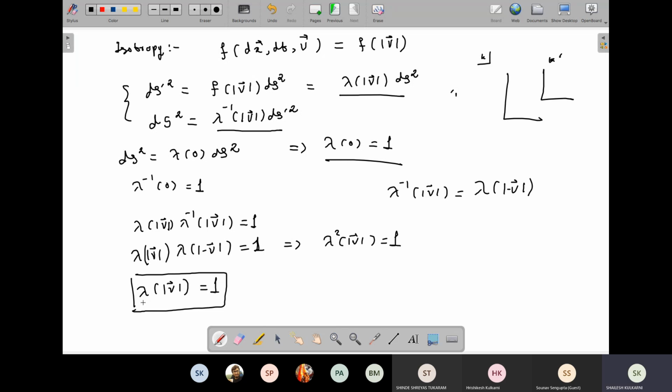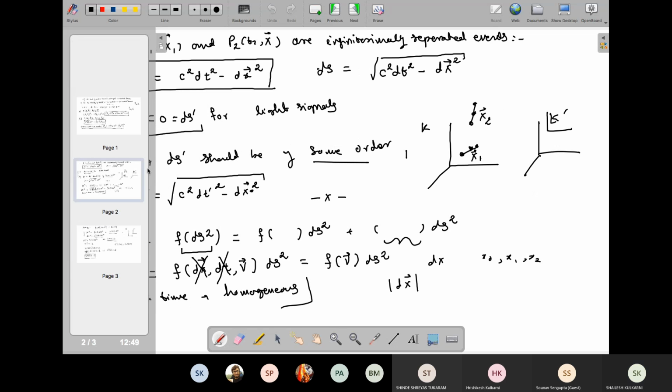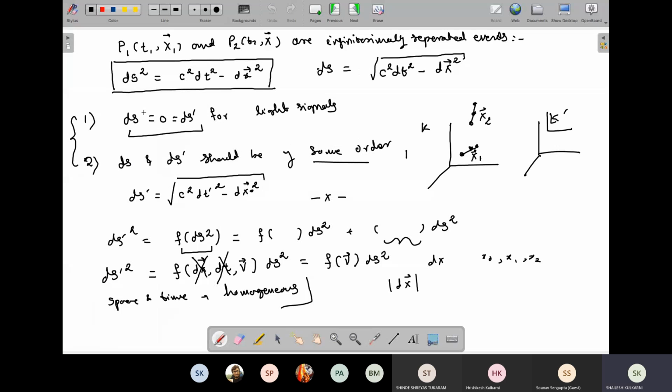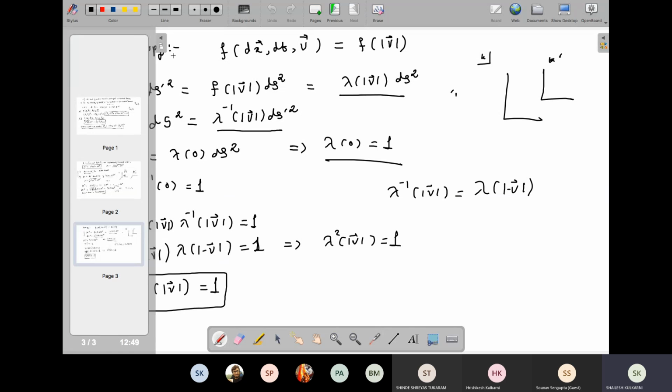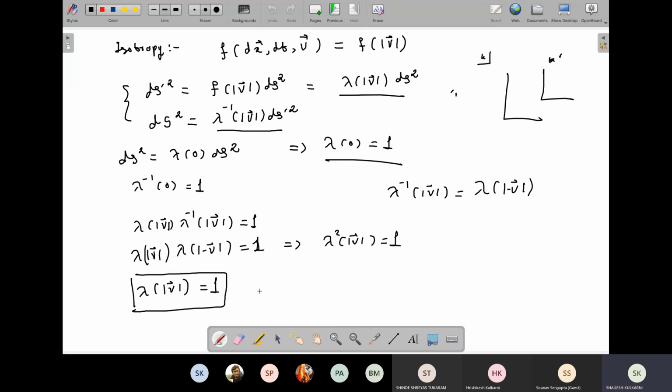So if I demand these two conditions, and if I demand the existence of inverse, then I am left with this only, which is one way of saying ds prime square is equal to ds square.